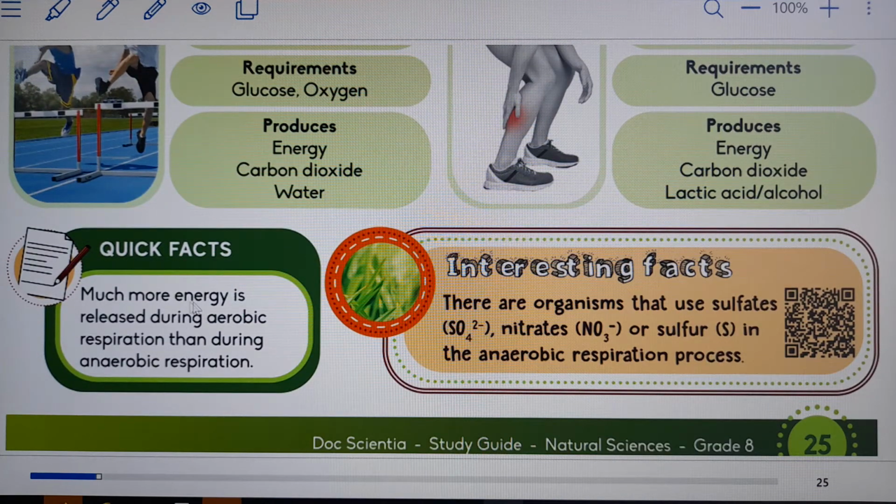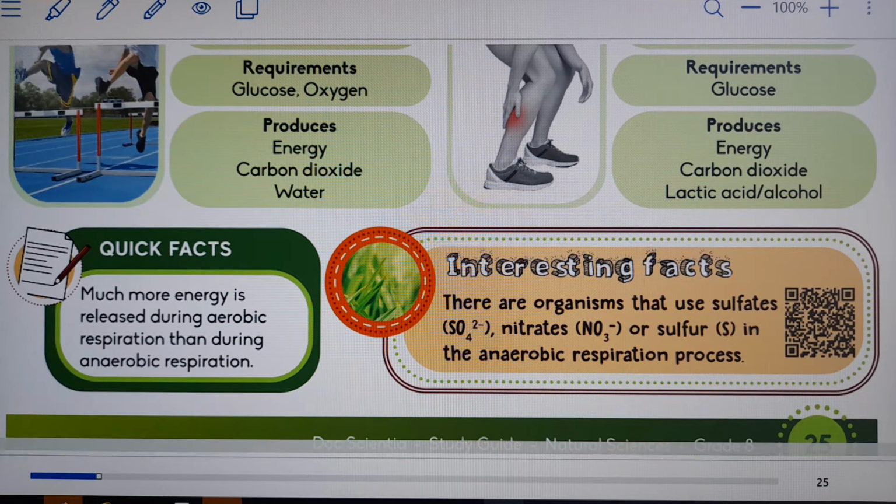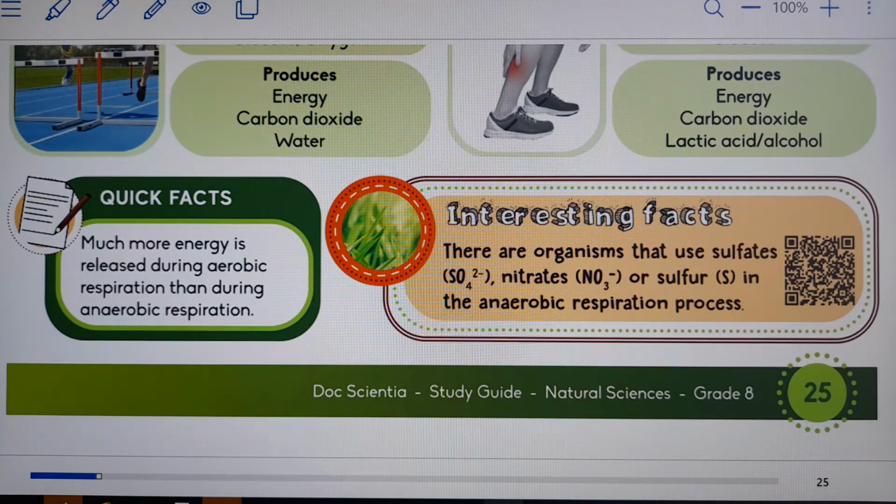And they say much more energy is released during aerobic respiration than anaerobic respiration. Okay, you get that? Aerobic respiration gives out more energy than anaerobic respiration. And we will continue.